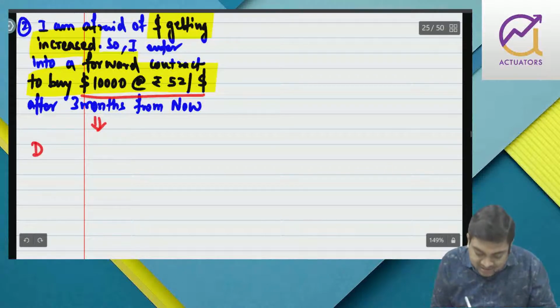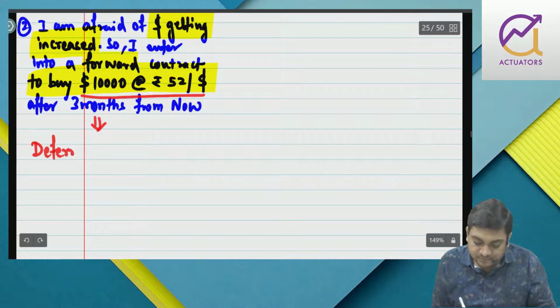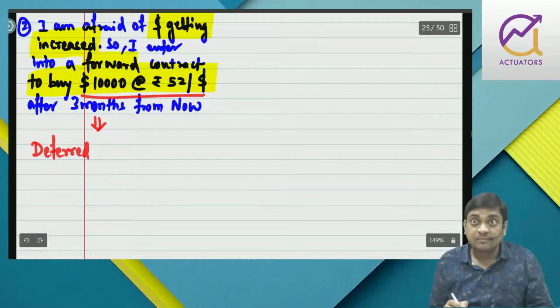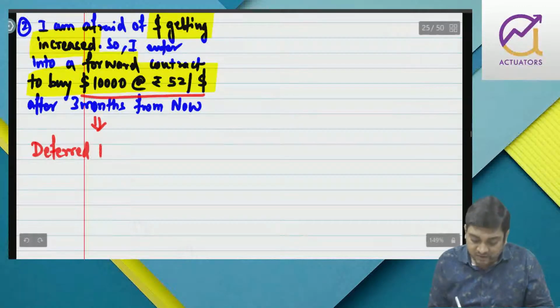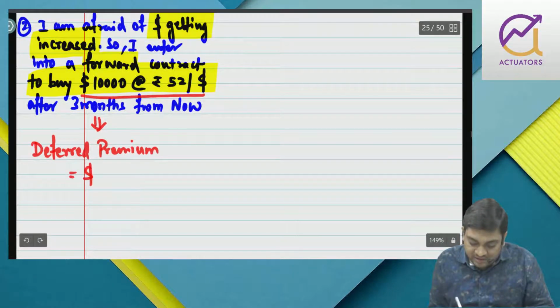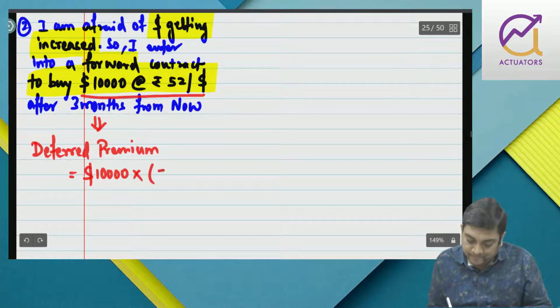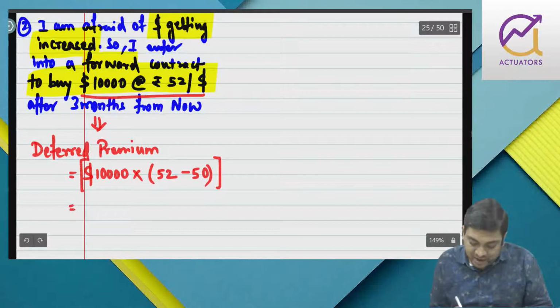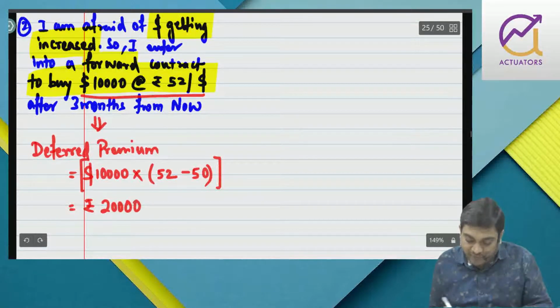This is known as deferred premium. I am paying more as compared to today. So on $10,000, I have incurred a loss of 20,000 initially.